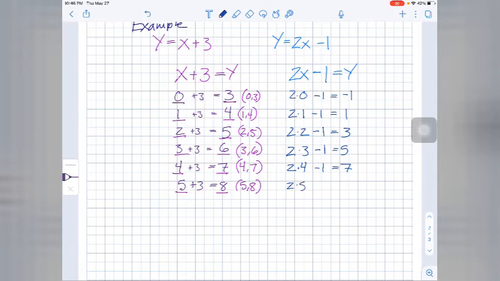And 2 times 5 would be 10, minus 1 equals 9.